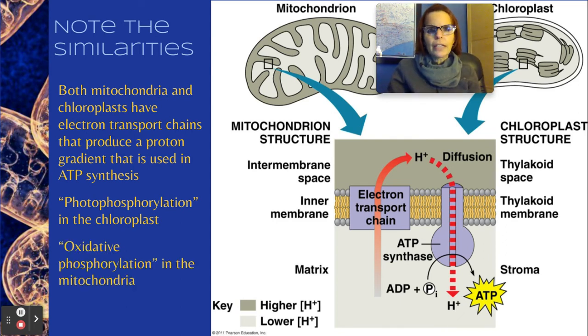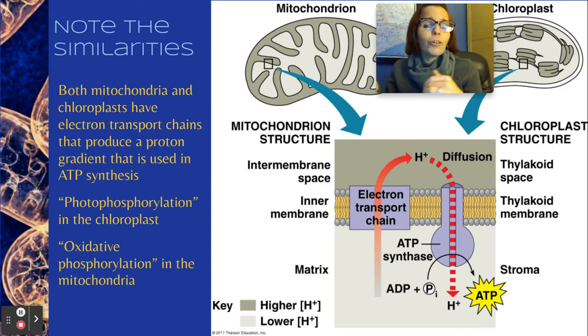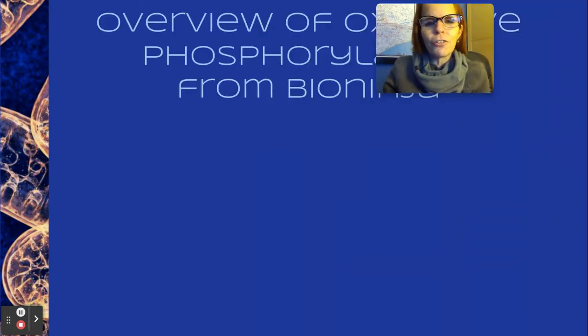In the mitochondria, it's called oxidative phosphorylation because this time the energy had been stored by the chloroplast, actually, in glucose molecules. So now we're breaking the bonds of the glucose molecules. We're removing the electrons. We're oxidizing glucose. And that's what's powering the formation of ATP. So photophosphorylation in a plant, that makes sense, right? Plants need light. Oxidative phosphorylation in the mitochondria.